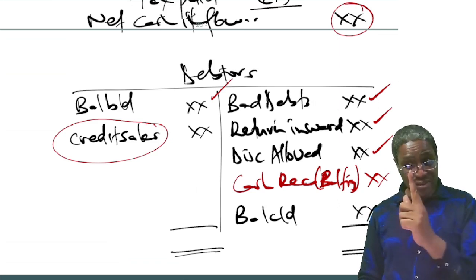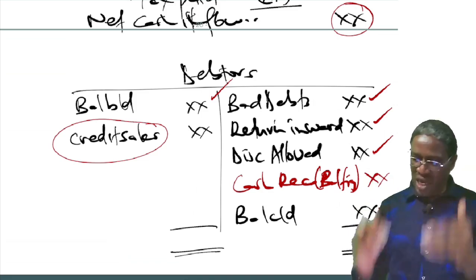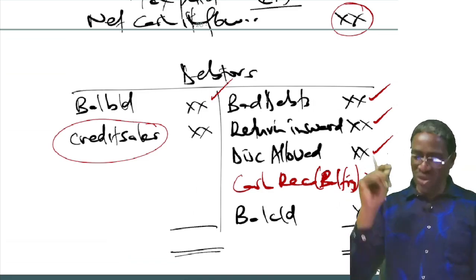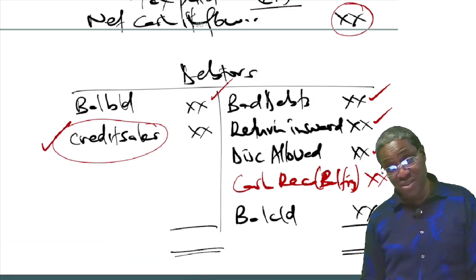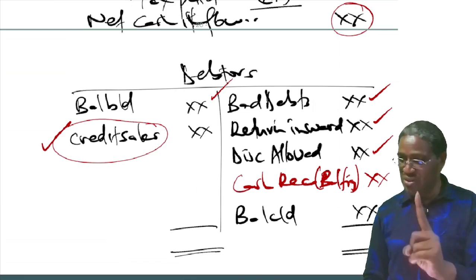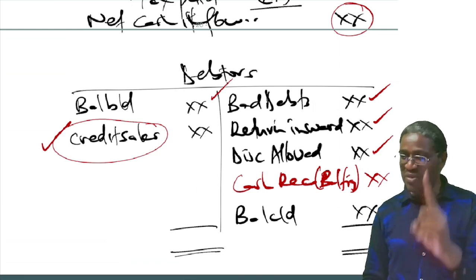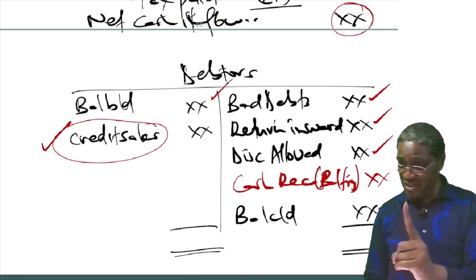I hope you are getting. I have said, whenever we prepare a debtor's account, the rule is we normally debit debtors with credit sales, not cash sales.